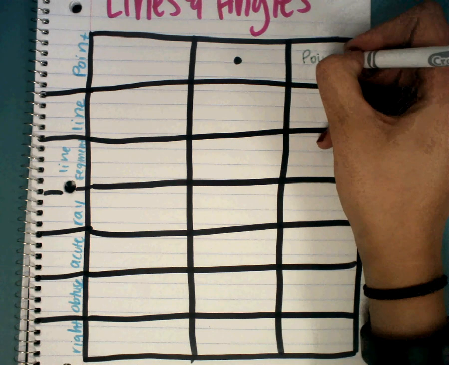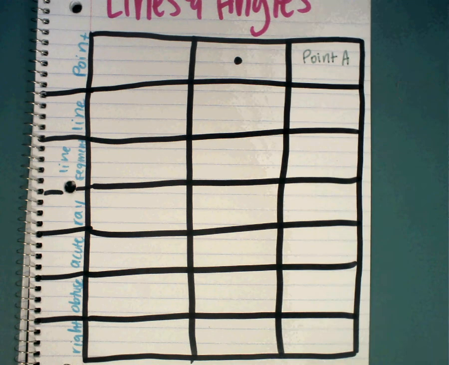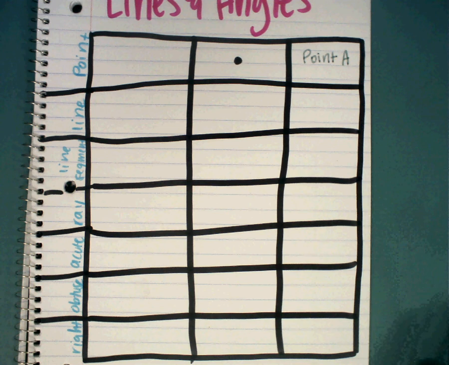All right, so let's talk about what exactly a point is. A point is just an exact location in space, and it's kind of hard to comprehend because space is so big, but it just means that's the exact location of that point in the entire world, in the entire universe. That point is right there, okay? So we're going to define that as an exact location in space.